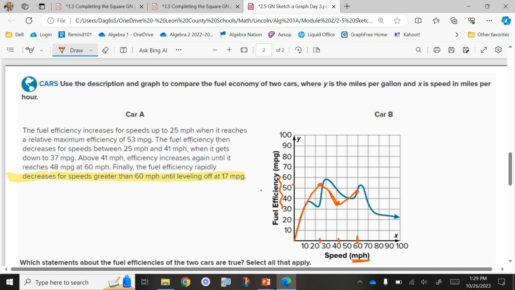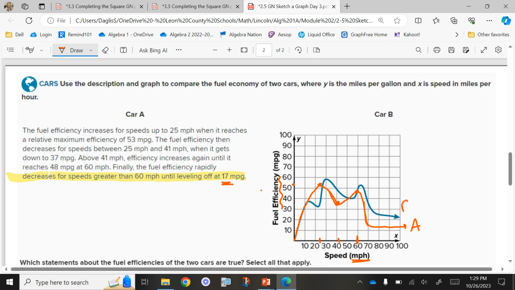So 17 is about here-ish. So we're going to drop down real quick and then level off like that. It said 17. It didn't really give me more, it just said greater than 60. It said rapidly decreasing, so I just dropped it straight down real quick.